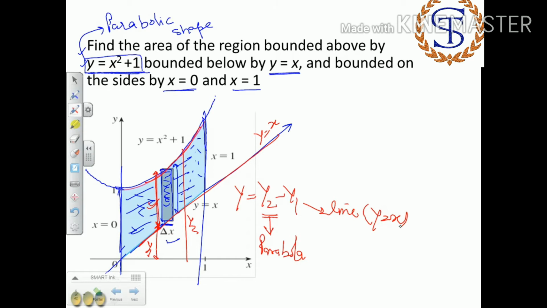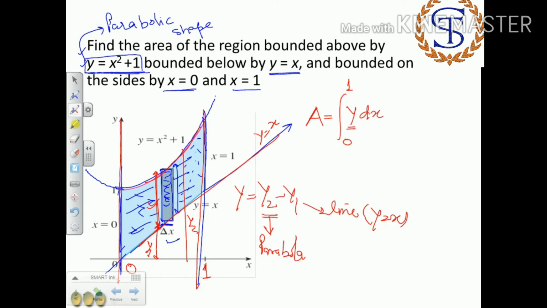Now by using the concept, how can you find the shaded portion? So the shaded portion is the integral of y dx, and we have to integrate it within the limit x equals 0 to x equals 1. So we have to apply here the limit 0 to 1.